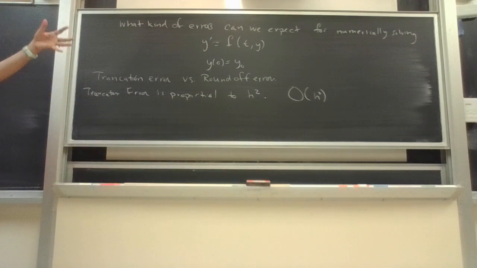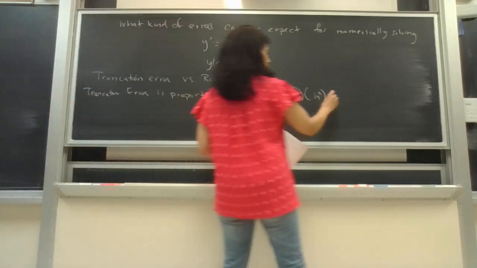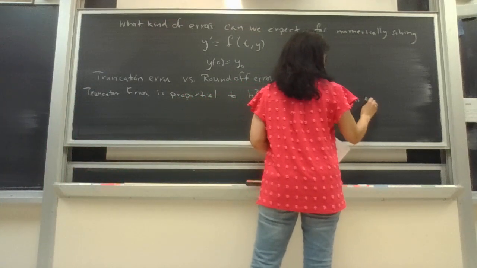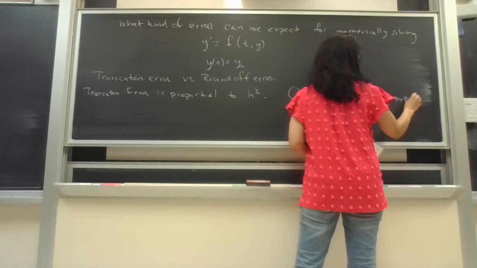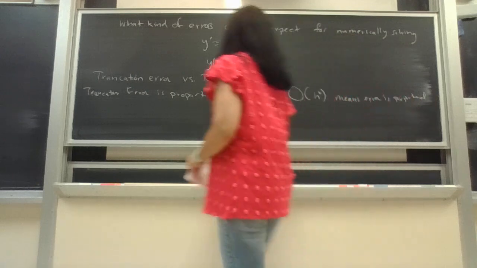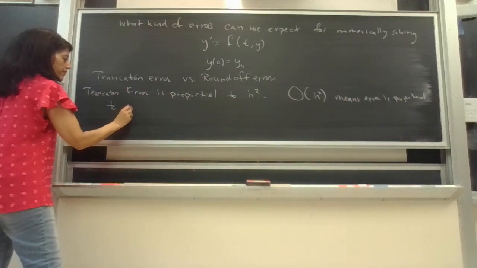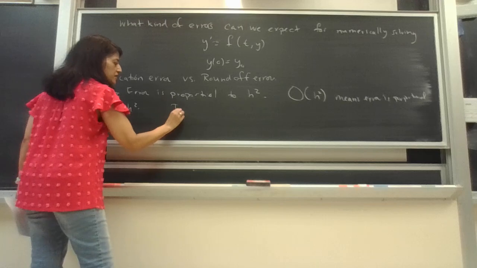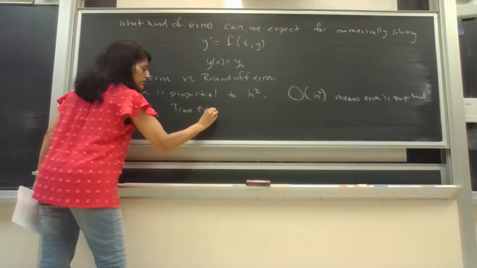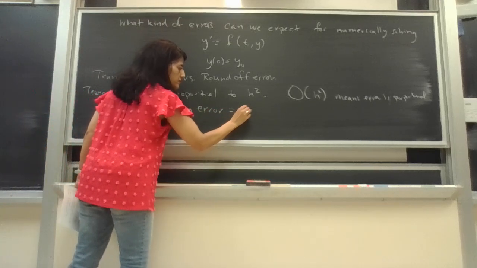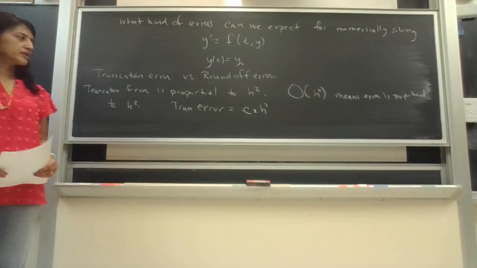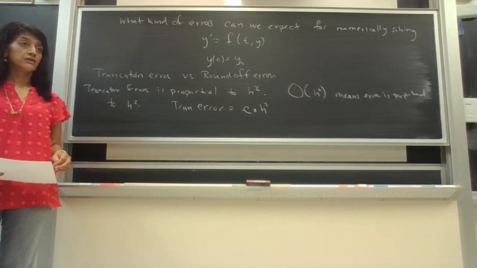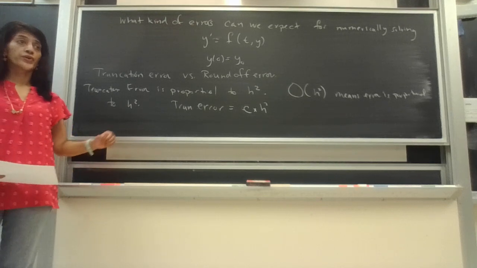That means when you have big O of h squared, then your error is proportional to h squared. Written out, it means that truncation error is equal to a constant times h squared. Is this always true or just for Euler's? It's only true for Euler's, right?